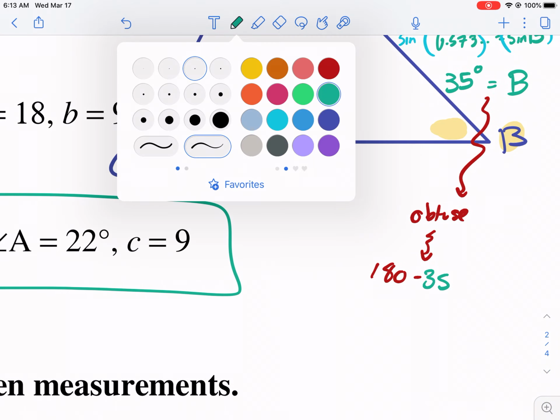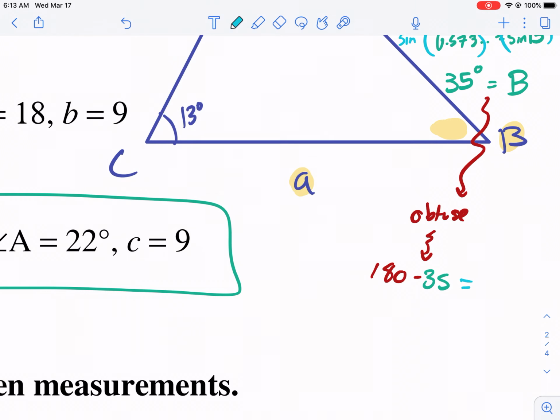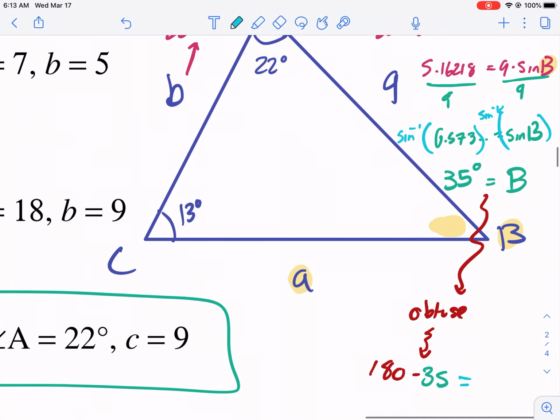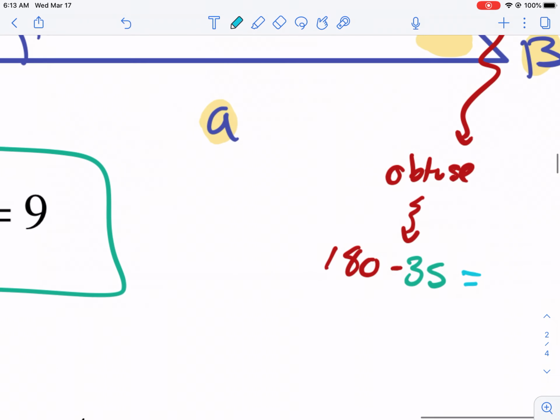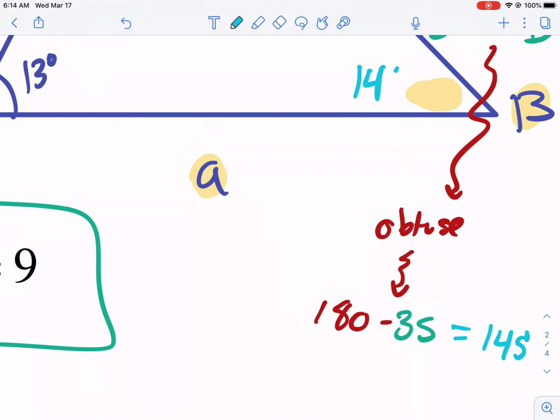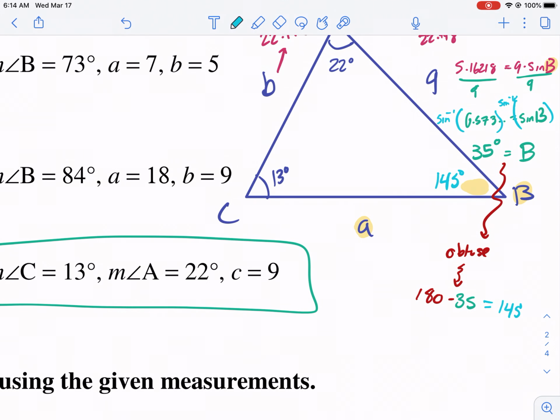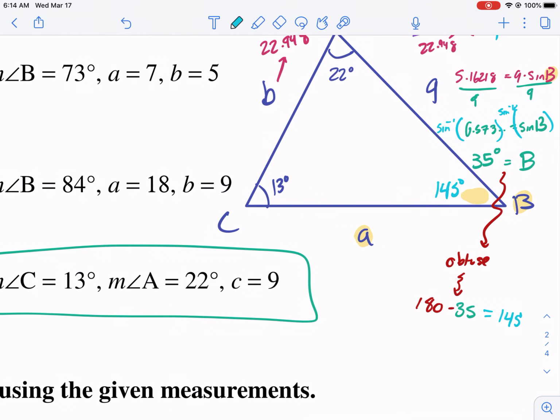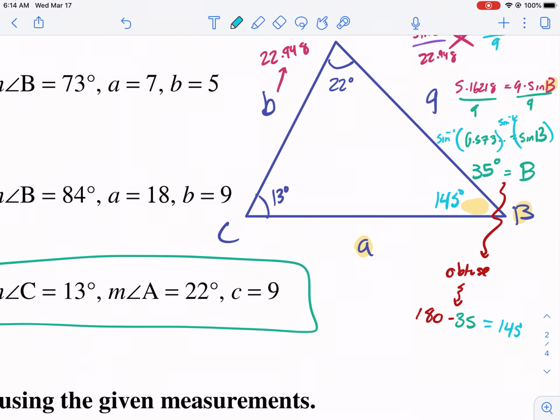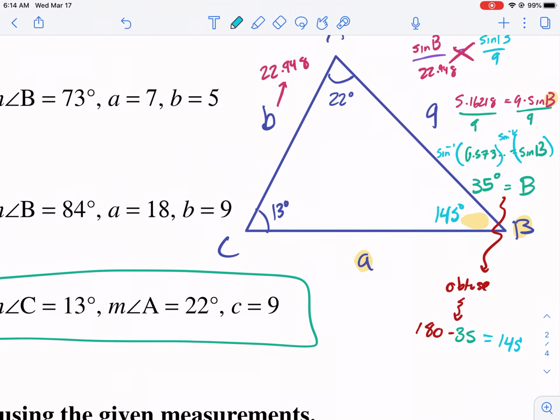So as we take 180 minus 35, guess what we get? Exactly what we got before: 145. So that's a way you can find obtuse angles, by subtracting from 180 once you're done with law of sines, because it doesn't make sense that it's 35, 22, and 13. Okay, so that's an important process.